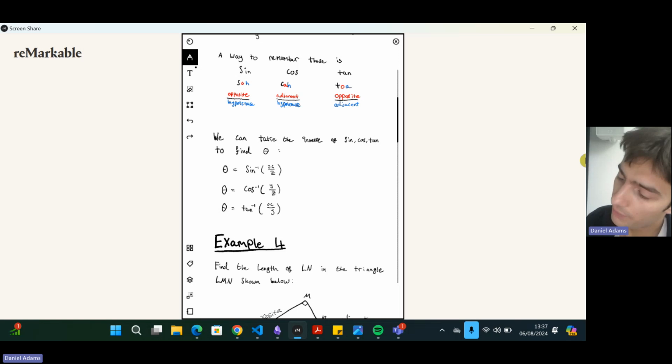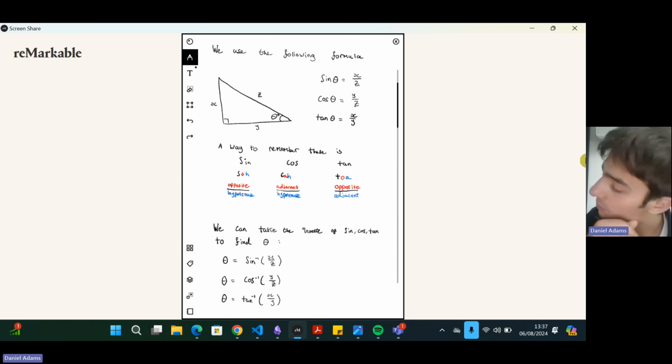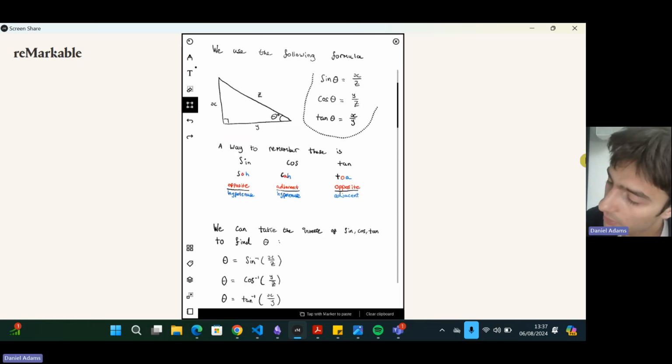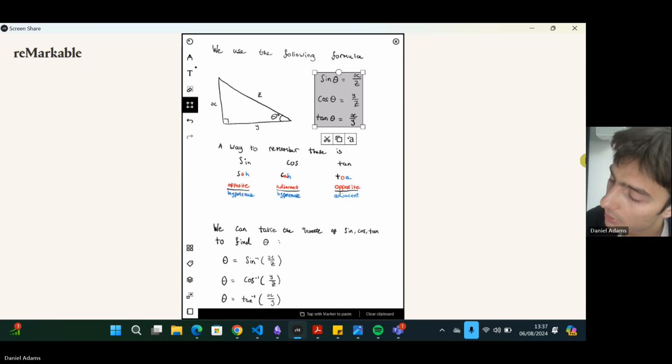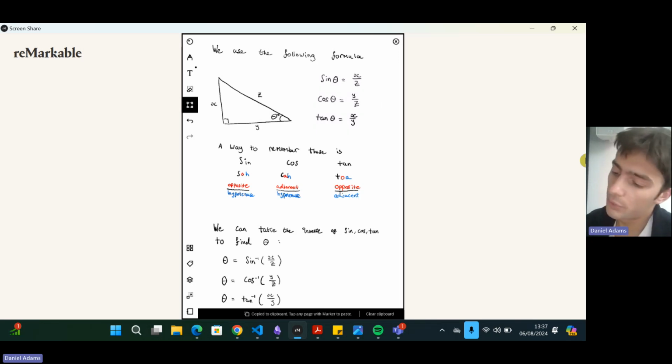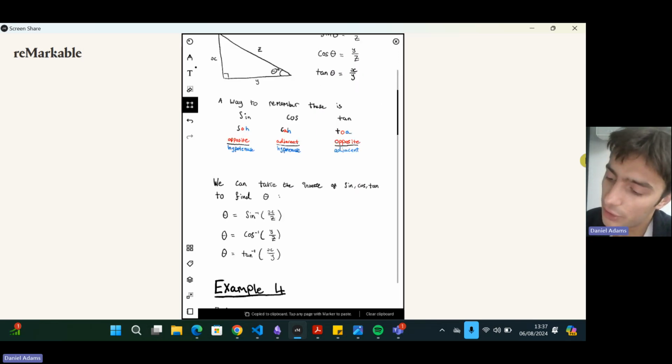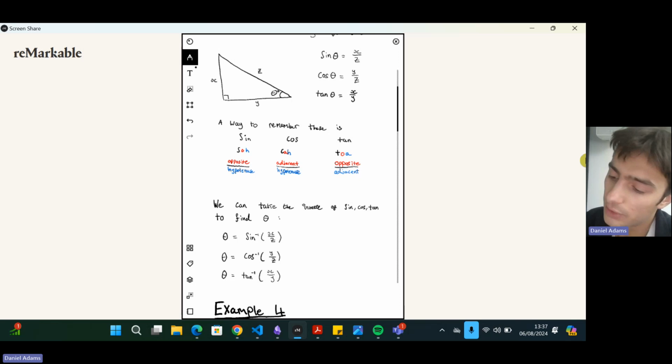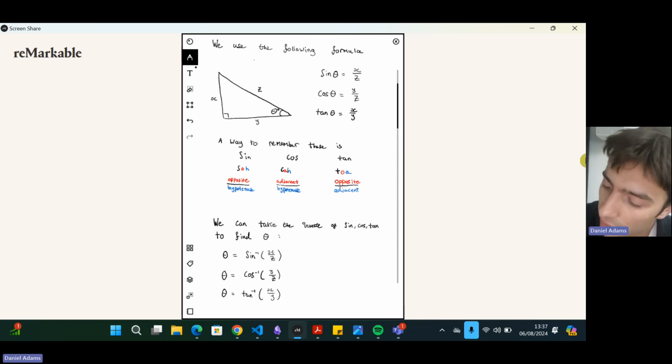And I should point out from these three formulas here, because these are just functions, sine, cos, and tan, you can take their inverse. You've probably seen you have a function f of x equals something.